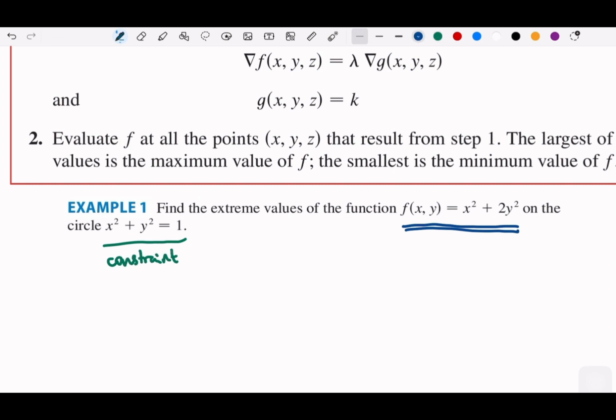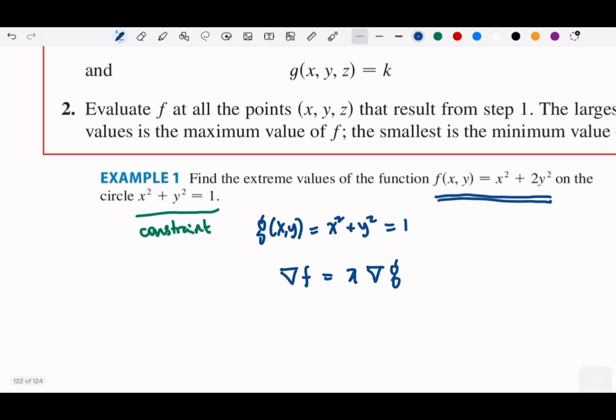So we can write the constraint first as g. Okay, that's our g. And we can write del f equals lambda del g, which basically states that the partial x for f will be equal to lambda times the partial of g with respect to x. The same thing with partial y.